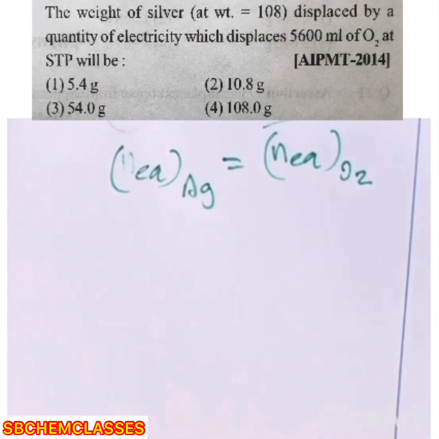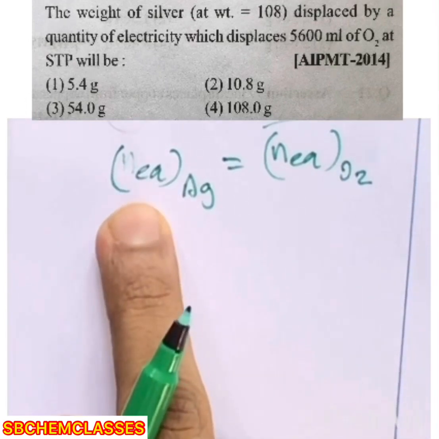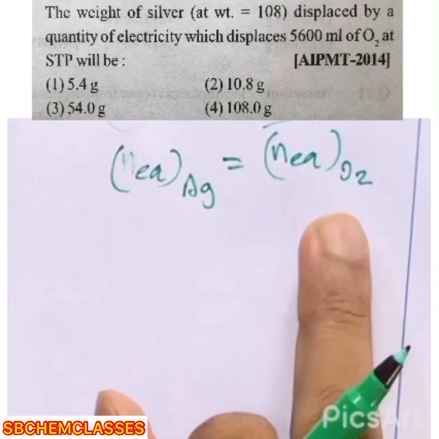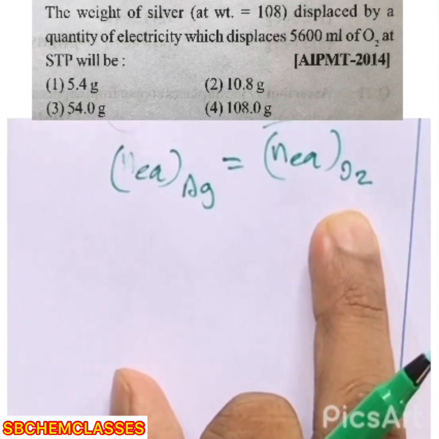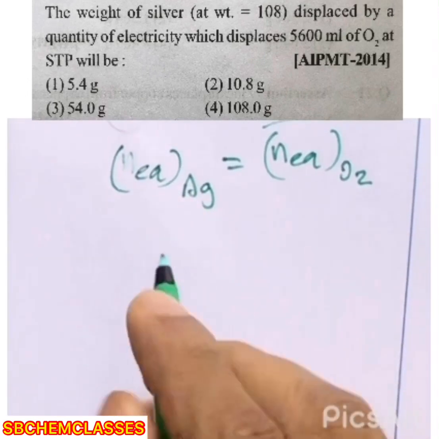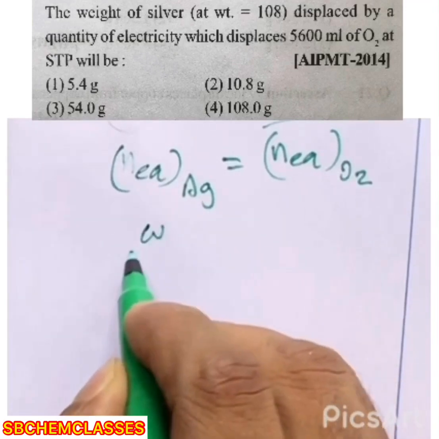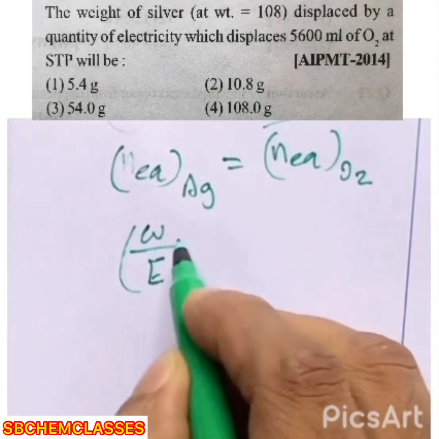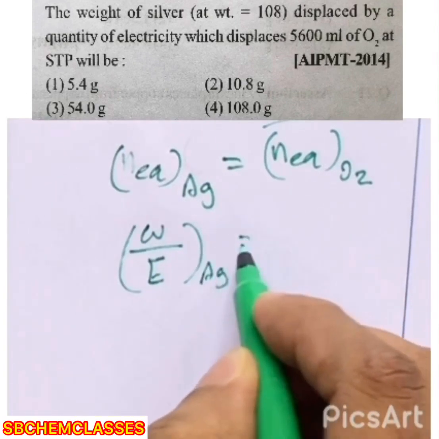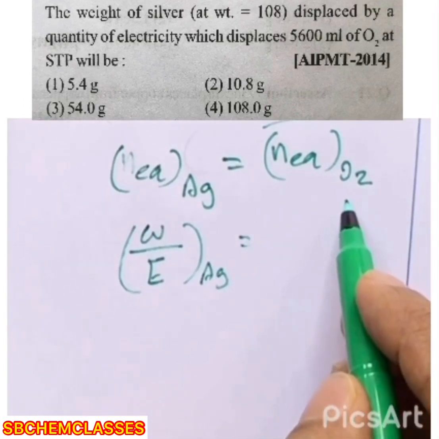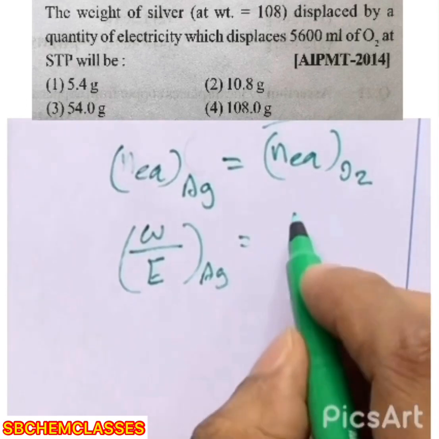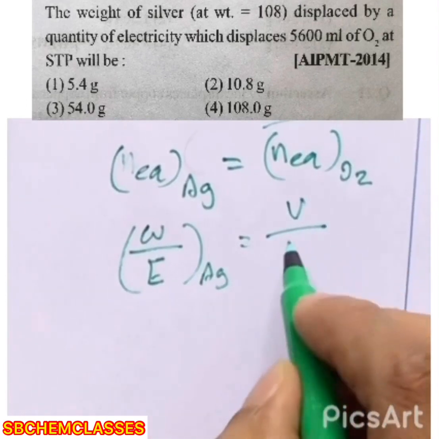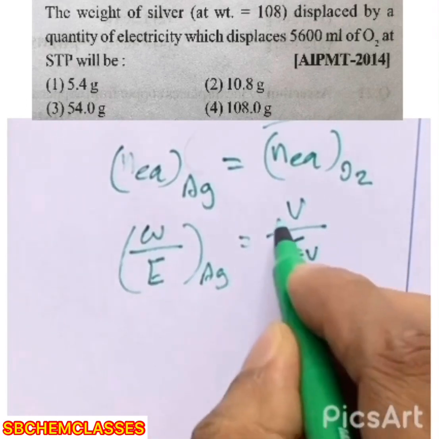We can use a different method. Number of equivalents of Ag equals number of equivalents of O2. Number of equivalents of Ag equals its given mass by equivalent mass. Number of equivalents of O2 equals its given volume by equivalent volume.